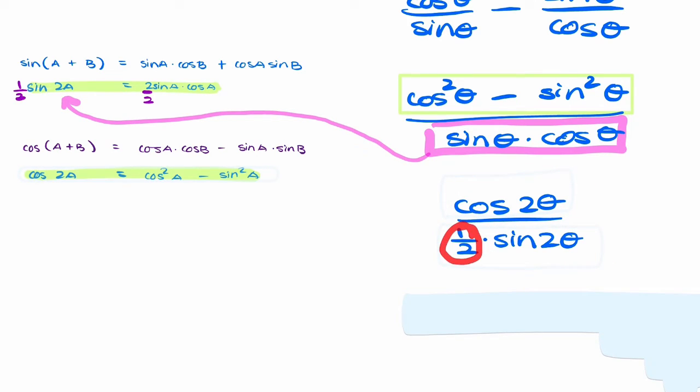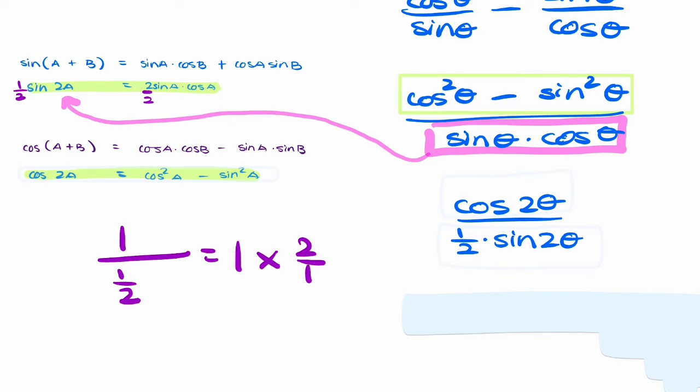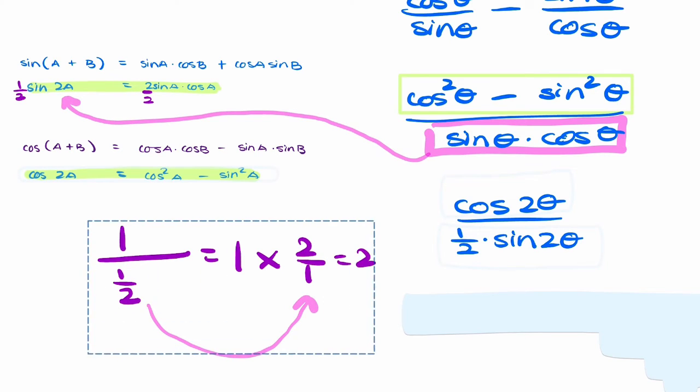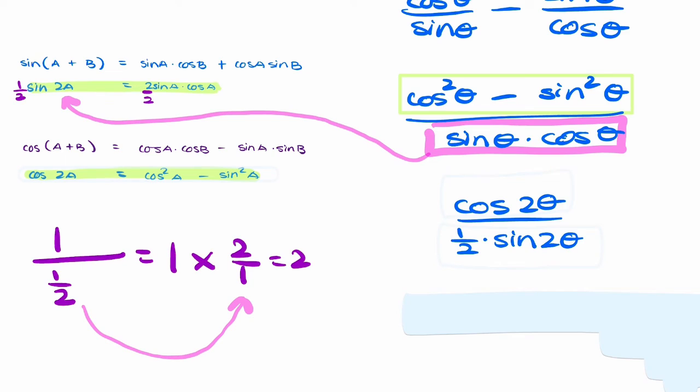Then you've got a half in the denominator. So when you divide by a half, it's like multiplying by the reciprocal of a half. So if you flip that, the reciprocal of 1 over 2 is 2 over 1. So that's just equal to 2. So that explains why when you divide by half, you simply get 2.